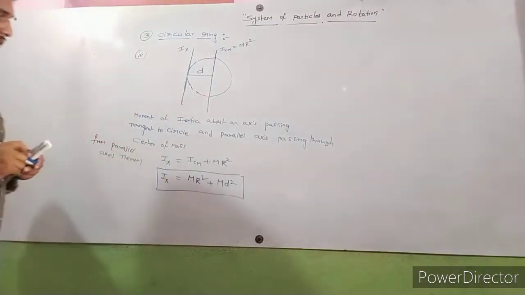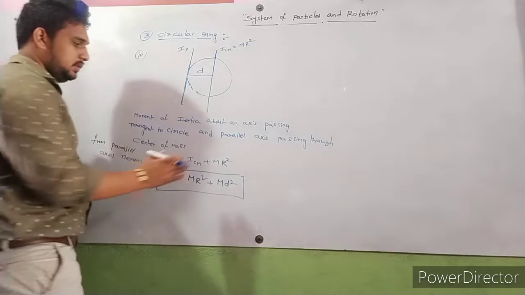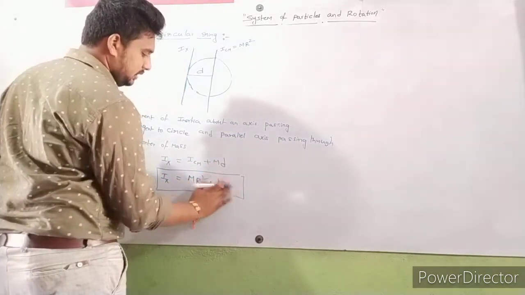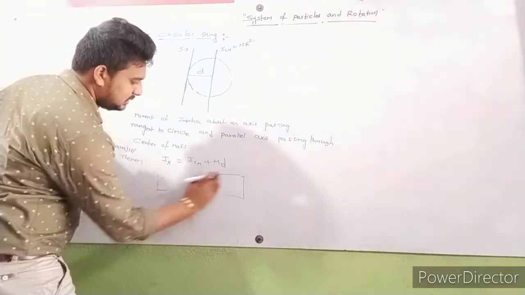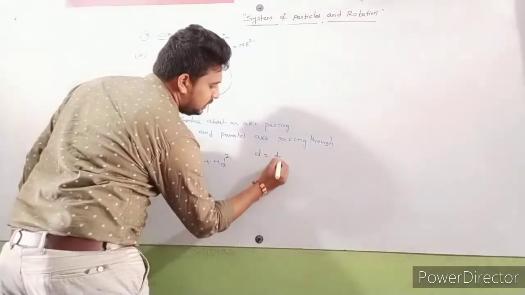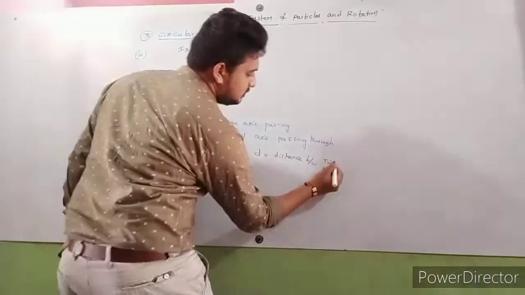So next, if I consider this distance is d, Ix is ICM plus md square, where d is equal to the distance between two parallel axes.